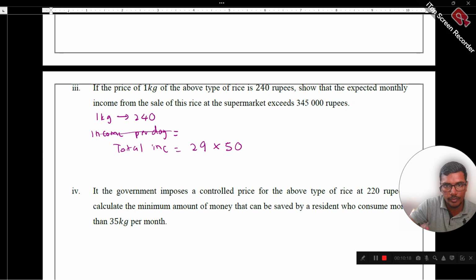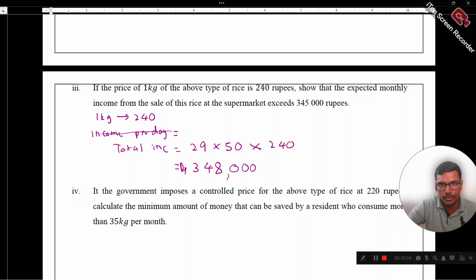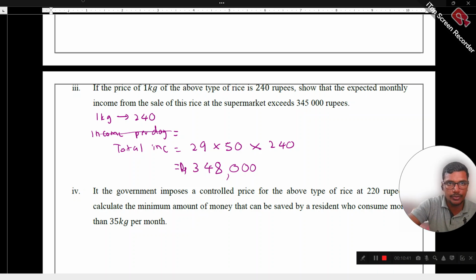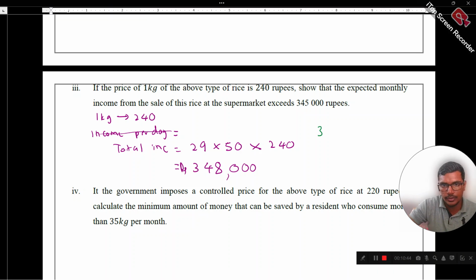There are 50 families. That should be multiplied by 240, which will be 29 times 50 times 240. When you multiply that, it will give you 348,000, which is greater than that. So we can show that 348,000 is greater than 345,000. Okay, that will be the answer.